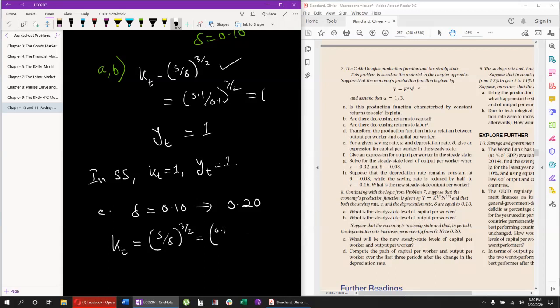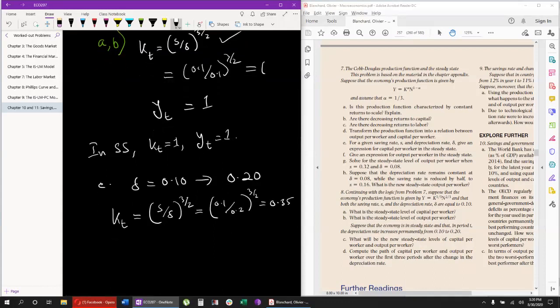Savings is still 10%, depreciation is 20%. Let me get my calculator and see how much this is. We get 0.35, and output per worker is (0.1 divided by 0.2) to the power 1/2, half. This gives us 0.71.